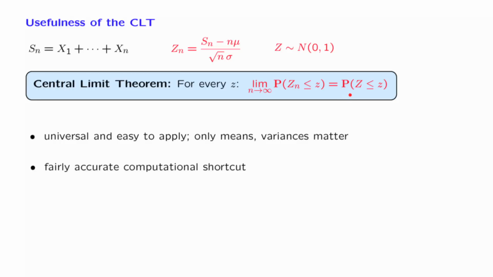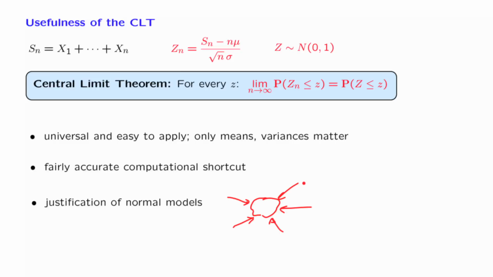Finally, at a philosophical level, the central limit theorem justifies why models involving normal random variables are very natural. Whenever you have a phenomenon or an object that's affected by multiple noise sources, and if these noise sources are independent, then the overall effect of those noise sources is going to be well modeled by a normal random variable, even if the distribution of each one of these noise sources is very different from being normal.